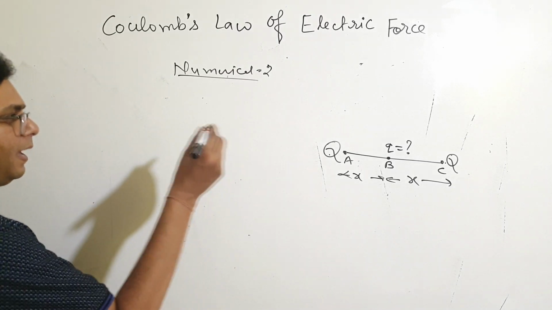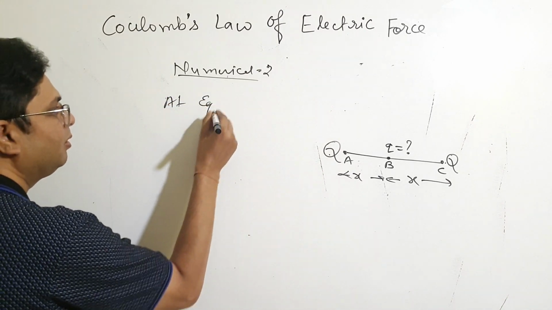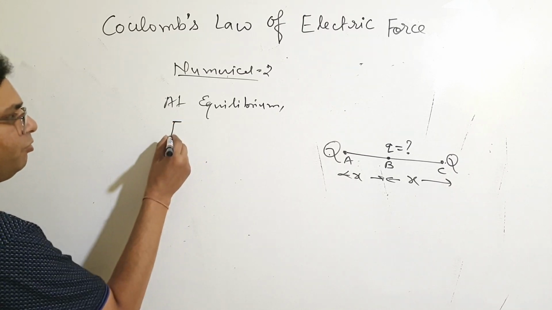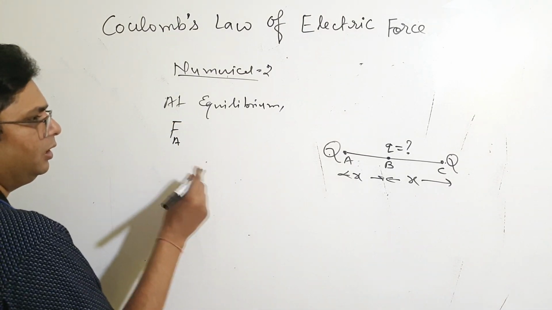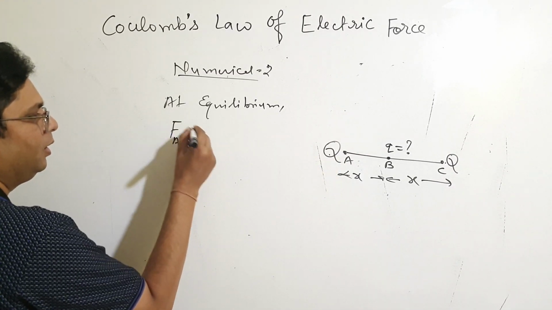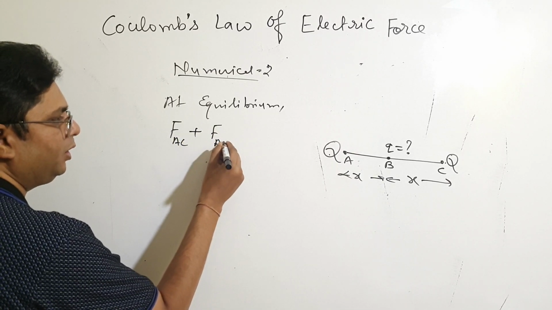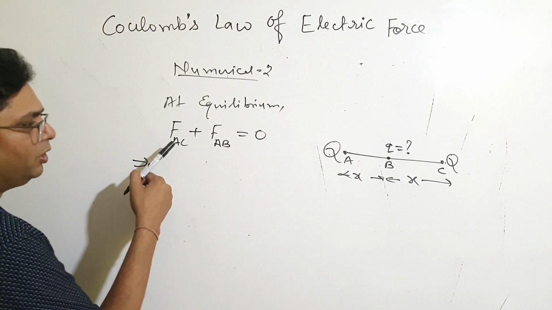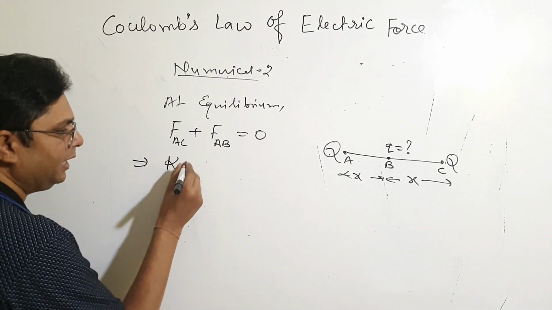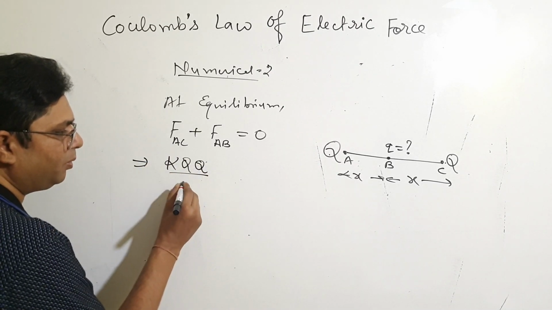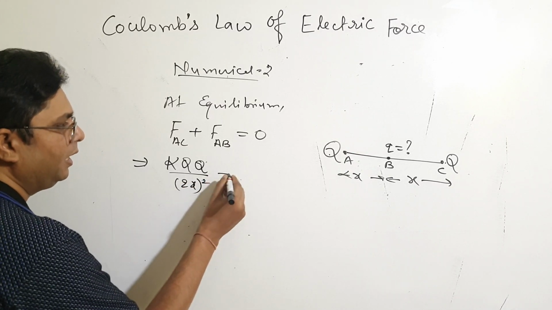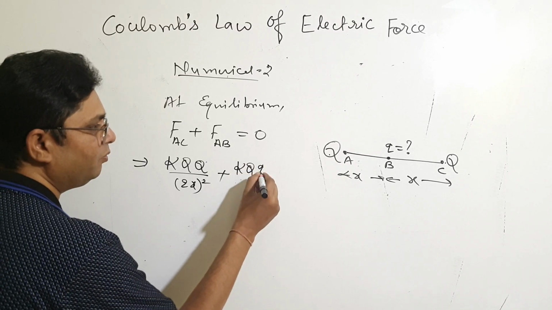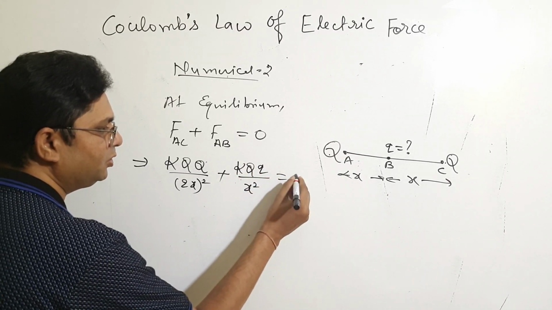For this, at equilibrium, you have force on A due to C plus force on A due to B equal to 0. So what is the force on A due to C? This is K capital Q capital Q upon 2x whole square. And what is the force on A due to B? This is K capital Q small q upon x square.